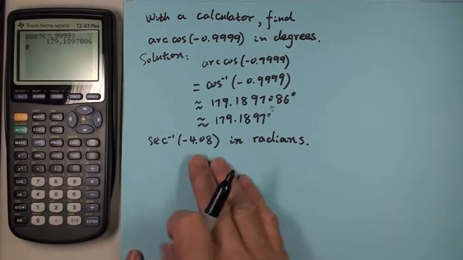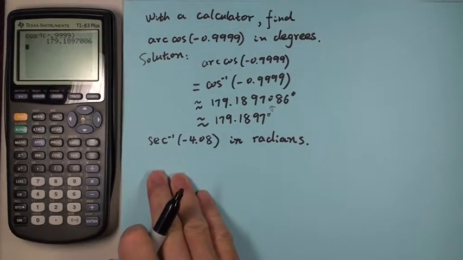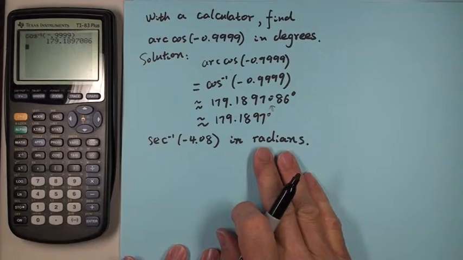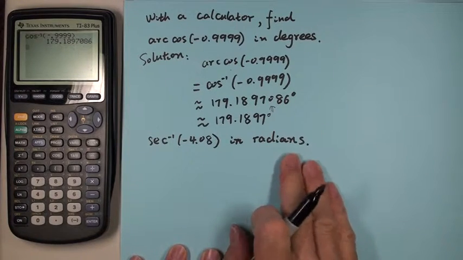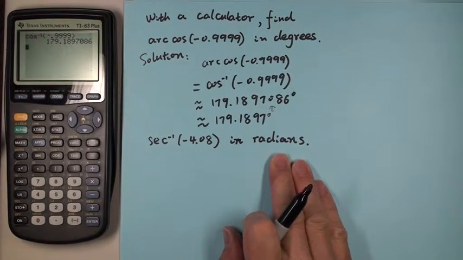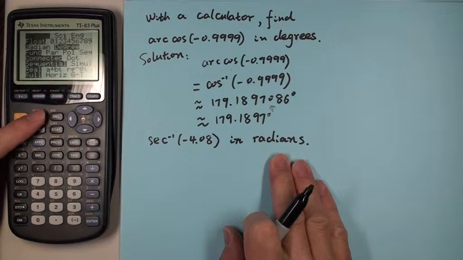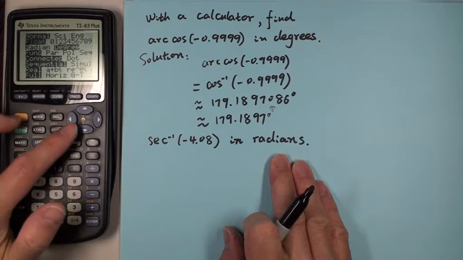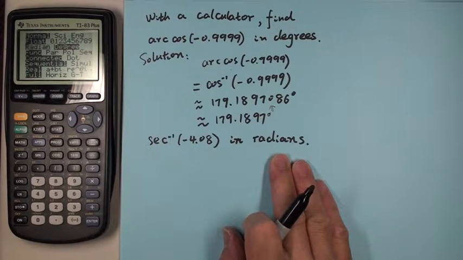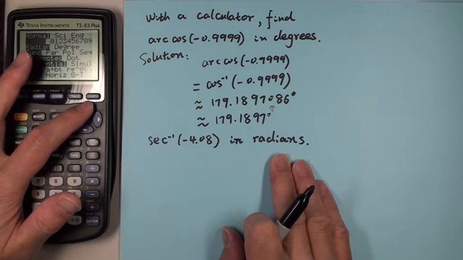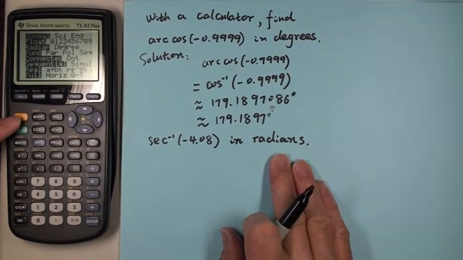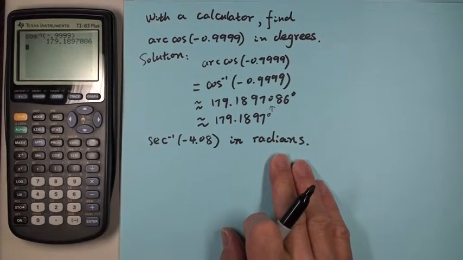Now the following one is secant inverse. There is no secant key here, that's one thing. Another thing is that it's in radians. So first of all, you want to be in radians. Then you go to mode and highlight radian. You see it's not highlighted. Move the cursor to radian and then hit enter. Then when you move out, you see radian is highlighted. Okay, so second, quit.